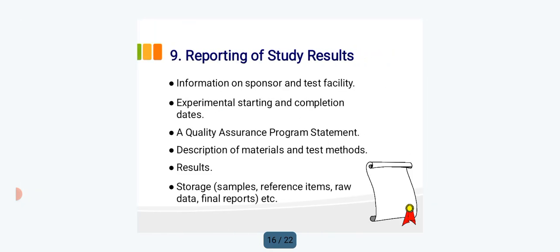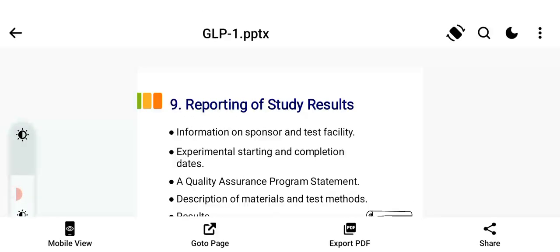The ninth one, reporting of the study results: information on the sponsor or test facility, the experiment starting and completion dates, a quality assurance program statement, descriptions of materials and test method, the results, and finally storage of the samples, reference items, raw data and final report.